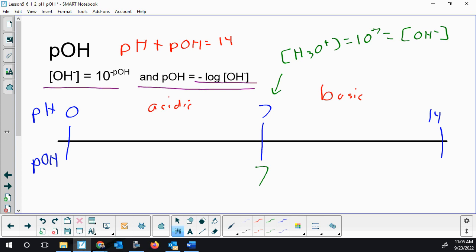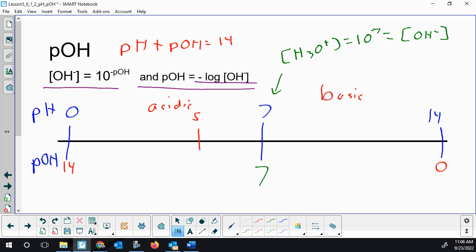So that lets us do more labeling on the bottom. What is the pOH at a pH of 0? 0 and something is 14. That's fairly straightforward math. That's 14. The other side, they have to add to 14, so that's 0. Maybe I have a pH of 5.